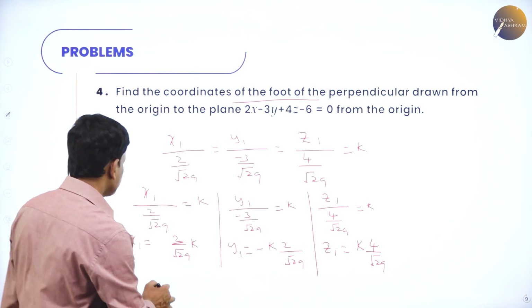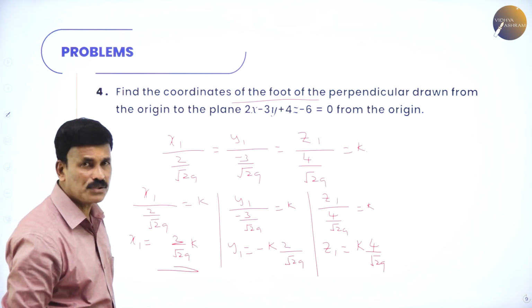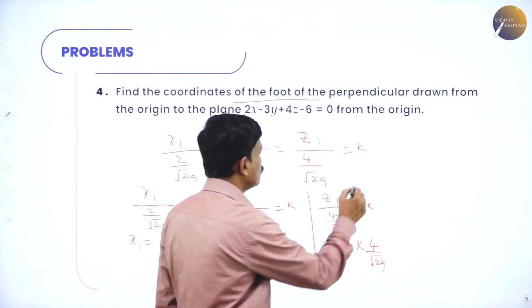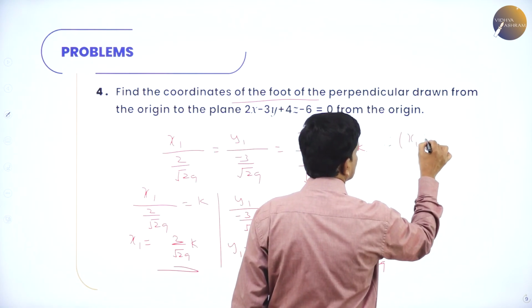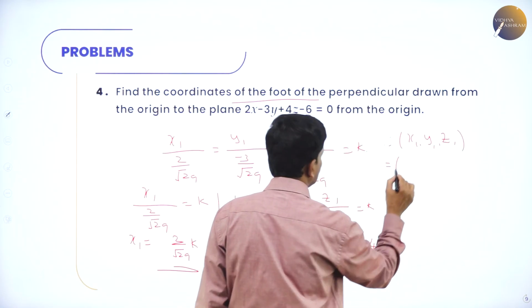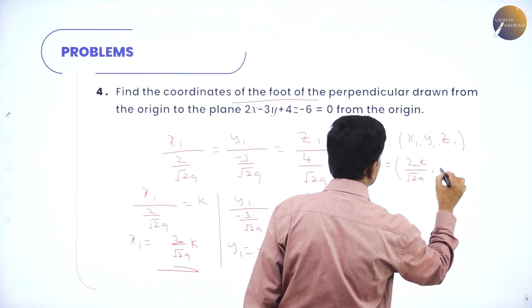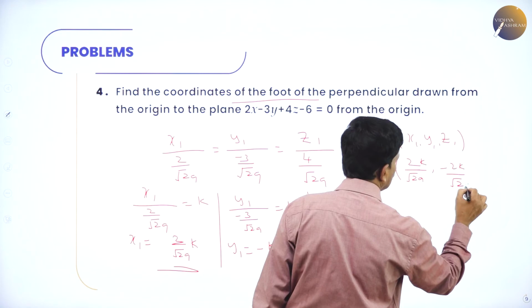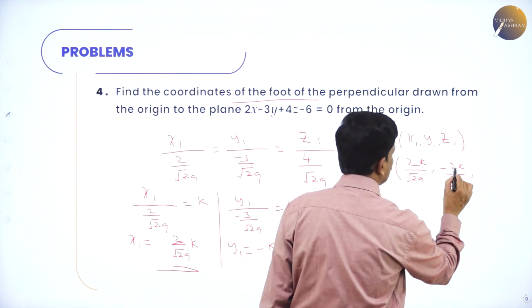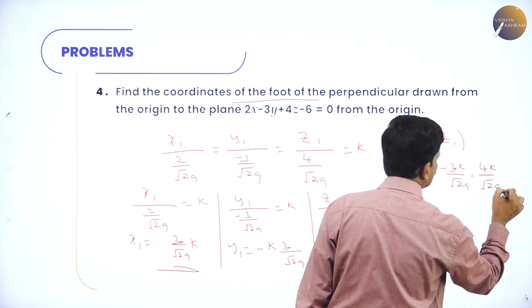So therefore x1, y1, z1 is equal to 2k by root 29, minus 3k by root 29 and 4k divided by root 29.